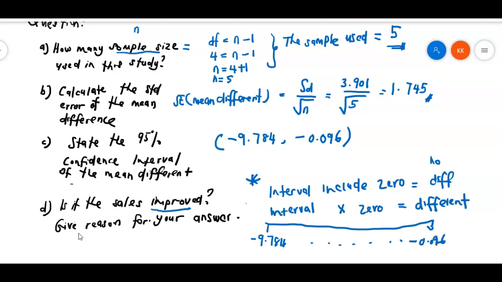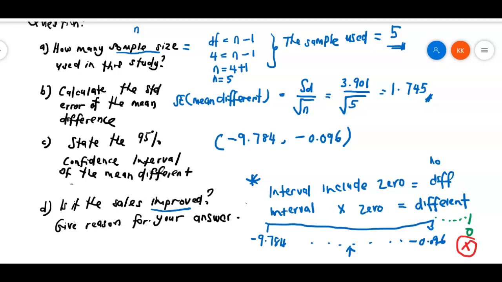Between this number, ada tak nombor kosong inside the interval? Tak ada kan, sebab negatif, sebab 0 ni dekat depan negatif 0.096. So 0 does not include in the interval.